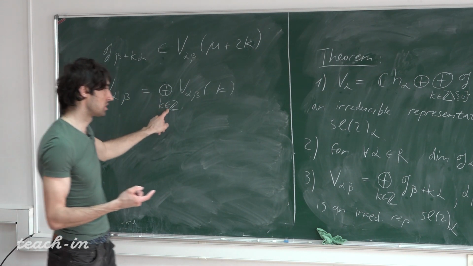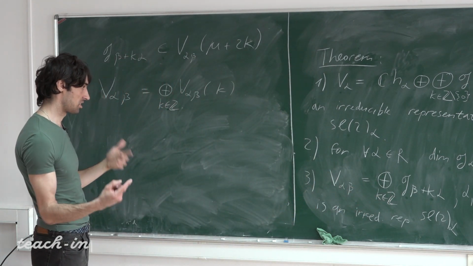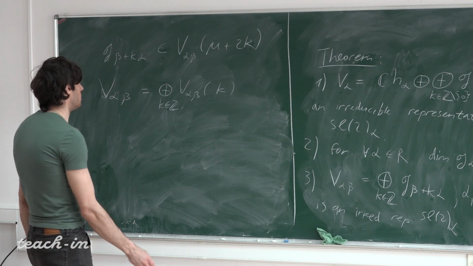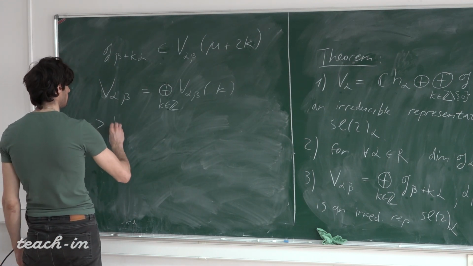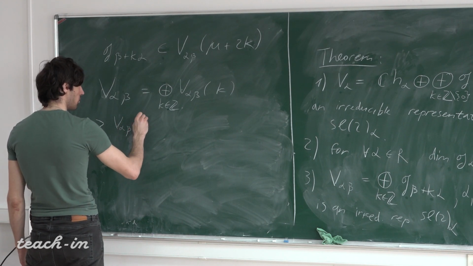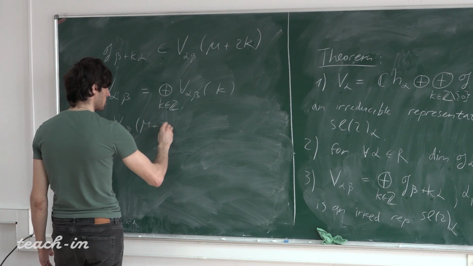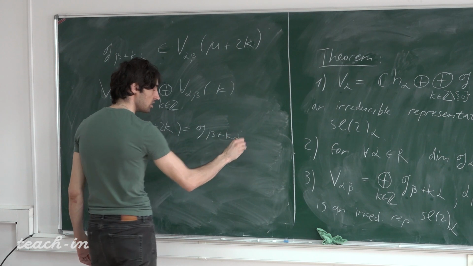Then from this decomposition and this decomposition, they contradict each other. So therefore, V alpha beta of mu plus 2k is exactly g beta plus k alpha.